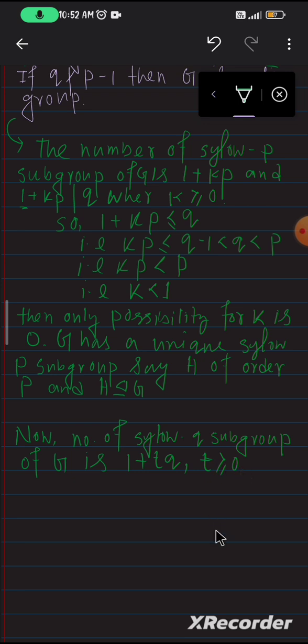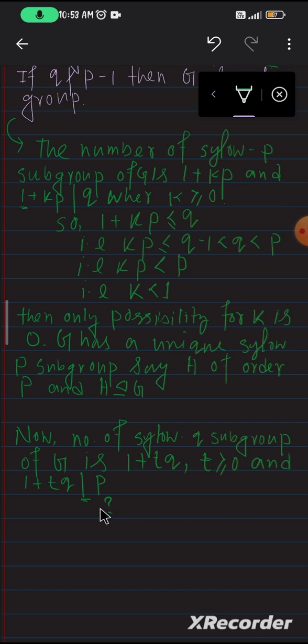By Sylow's third theorem, 1 plus TQ divides P. Why only P? Because by similar logic, GCD of 1 plus TQ and Q is equal to 1. The number of Sylow Q subgroups divides the order of the group, which is PQ, but we write that 1 plus TQ divides P.